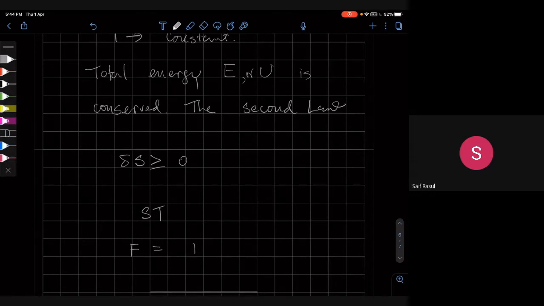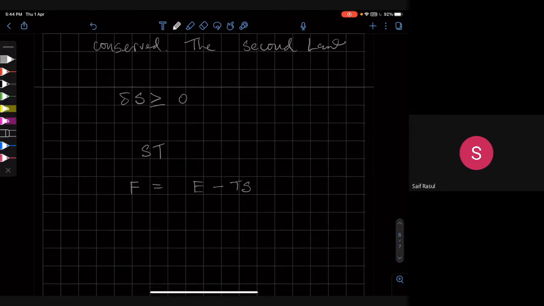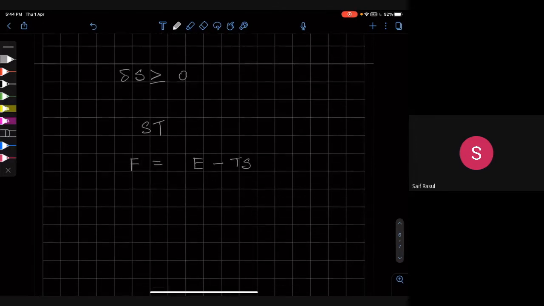It's the total energy which is conserved minus T times S. And because in a closed system, S increases over time, that means that the amount of free energy decreases over time. Okay, so that's basically why the free energy is useful.